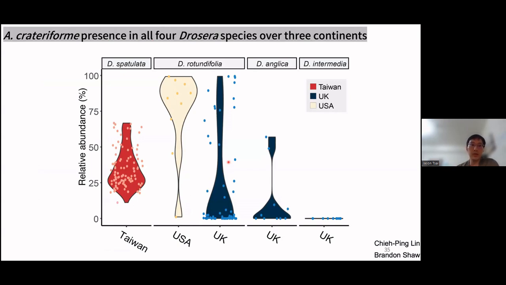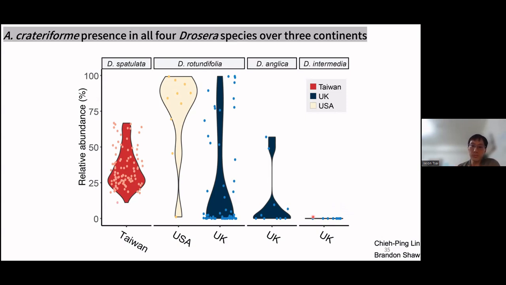Drosera rotundifolia showed a bimodal distribution. Certain samples had really high abundance, even higher than the average ones in Taiwan, while the others had lower levels. And we also found that Drosera intermedia contains very few Aquodontium reads.